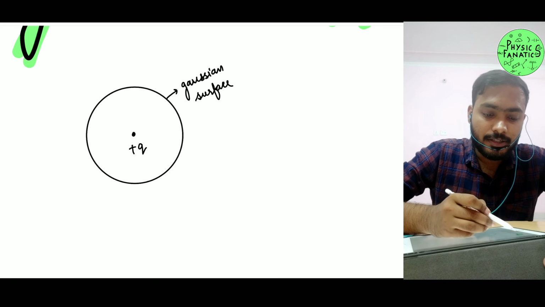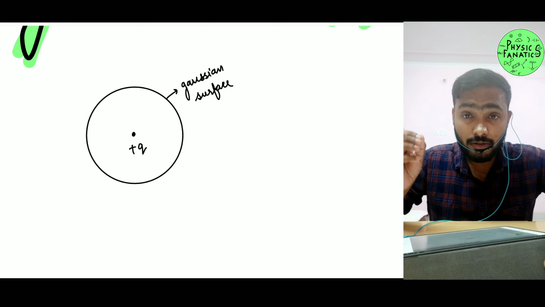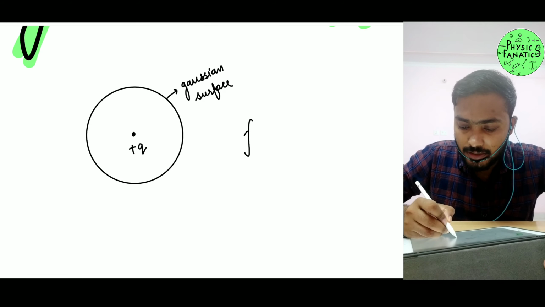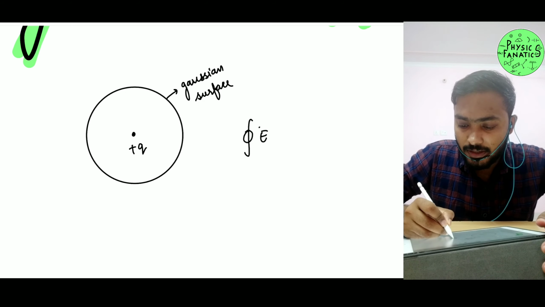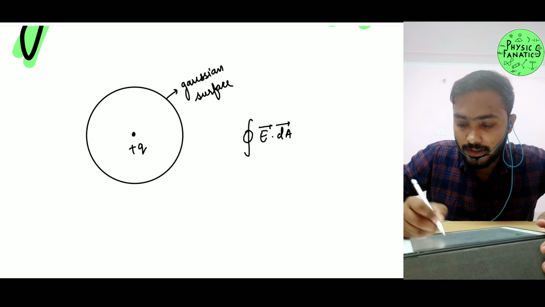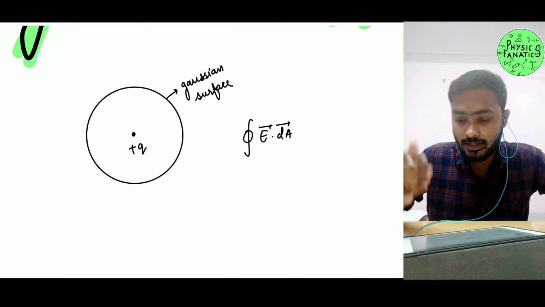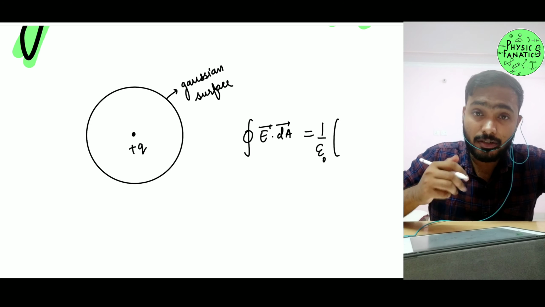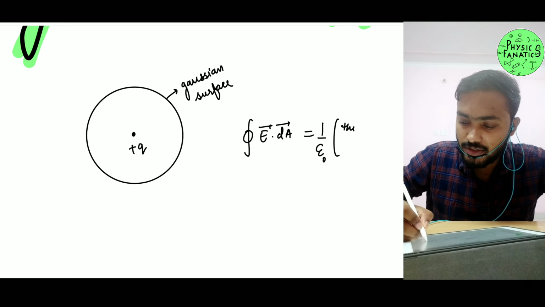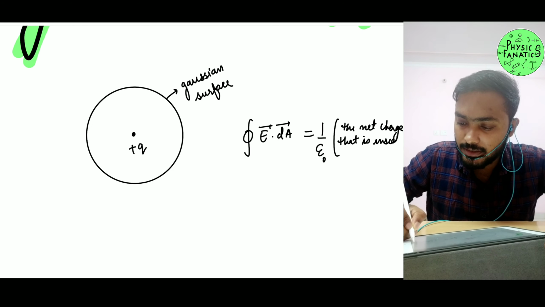Right, great. So if that is the case, then according to Gauss law you can write integration over a closed surface, that is integration over the Gaussian surface, of the net flux, that is E dot dA, is simply given as 1 upon epsilon naught times the net charge that is inside your Gaussian surface, the net charge that is inside the closed figure.